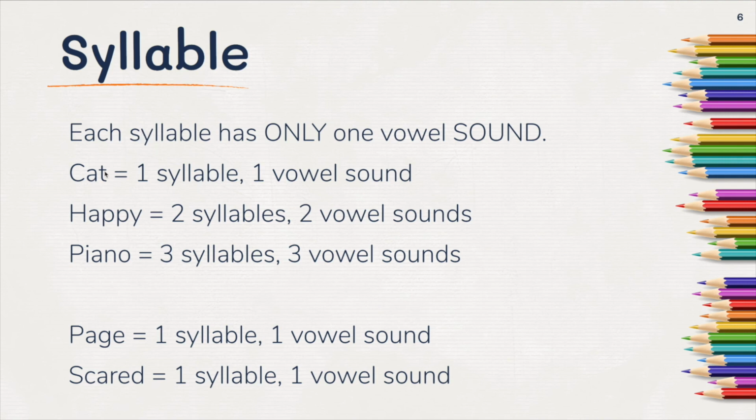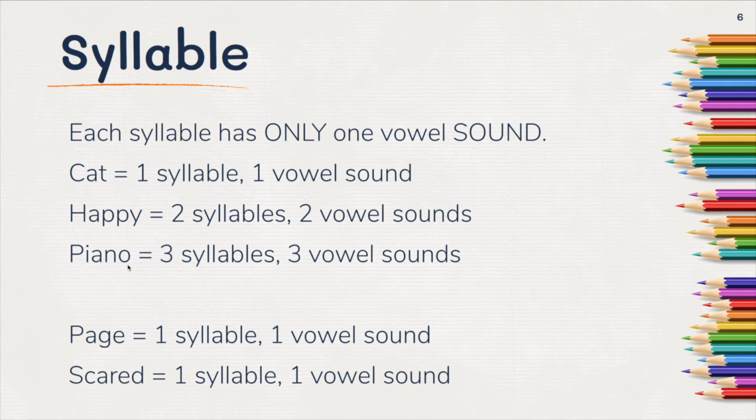For example, cat has the a vowel sound. It is a one-syllable word. Happy has the a and e, so two vowel sounds, two syllables. Piano, P-A-No, E-A-O.